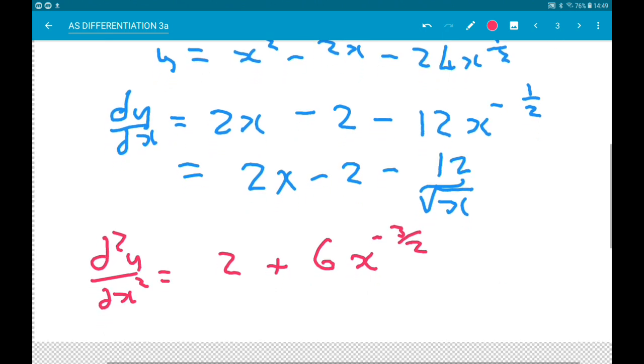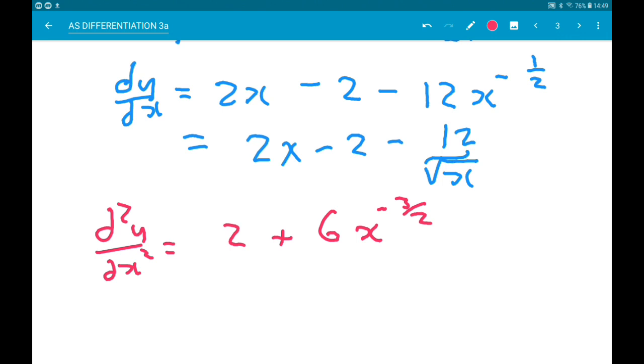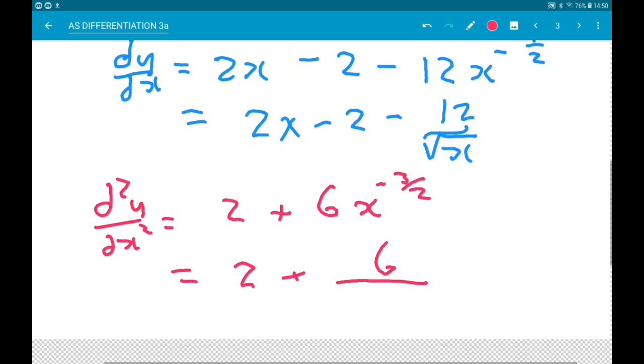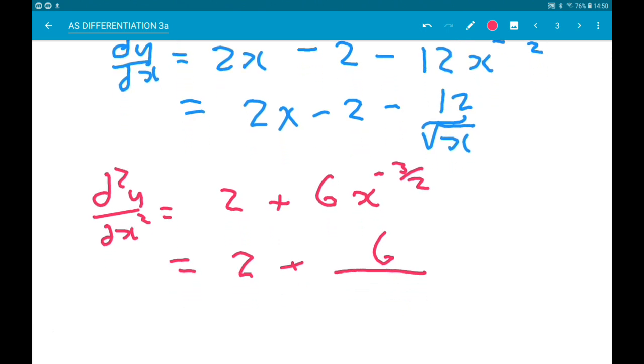So that we can write as 2 add 6 over the square root of x cubed.